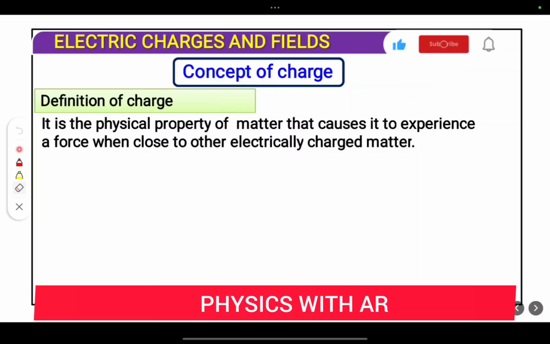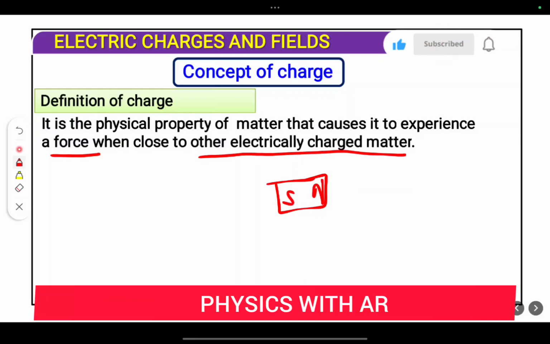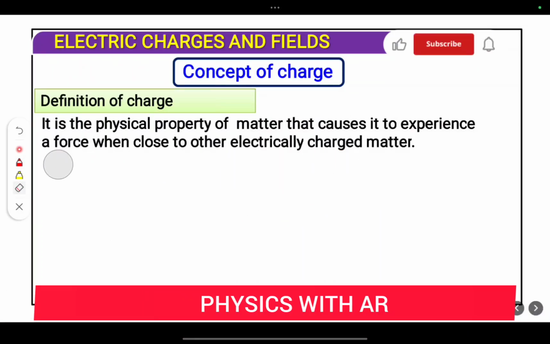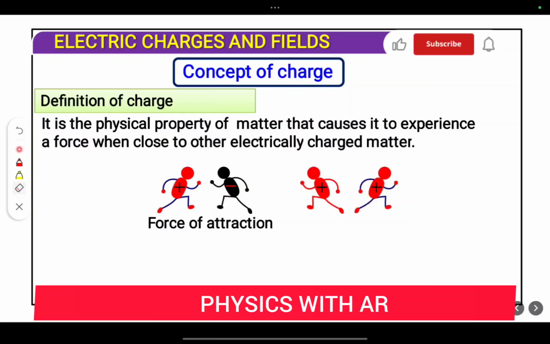It is a physical property of matter that it experiences a force when close to other electrically charged matter. Just as with two bar magnets, one north pole and one south pole, you can observe a force of attraction between north pole and south pole. Like that, charges experience a force.